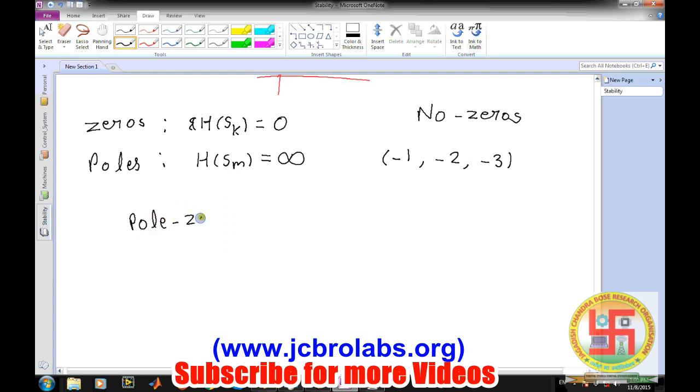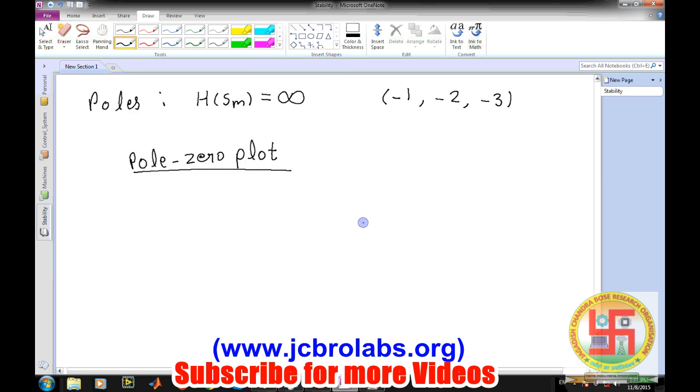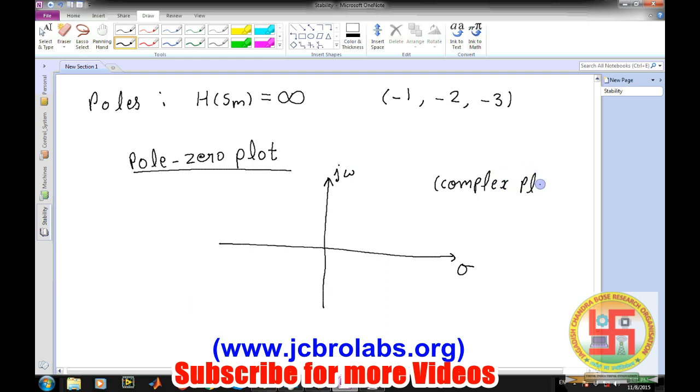So pole zero plot means we try to plot these zeros and poles on a complex plane. This is the real part and this is the j omega axis. So it is a complex plane, generally known as the S plane, because we are taking the Laplace transform. And then we plot these poles and zeros.